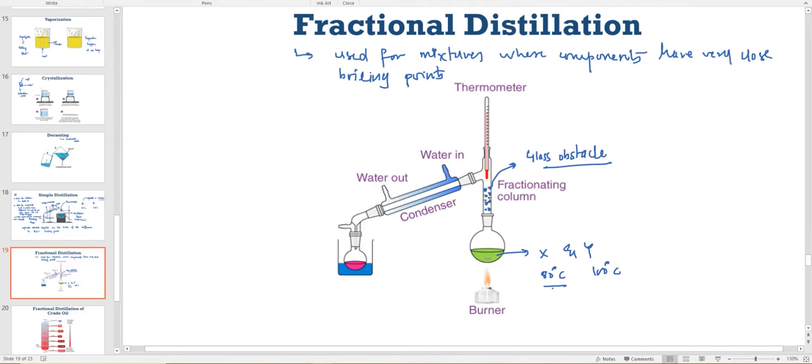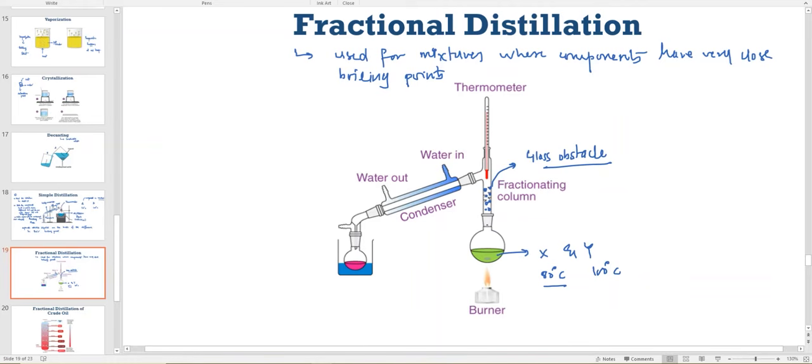So what will happen? Like I said, at 80 degrees Celsius, the molecules of X will start moving, but Y molecules will also have enough energy to mount on the molecules of X, and they'll start moving with the help of the energies of X molecules.